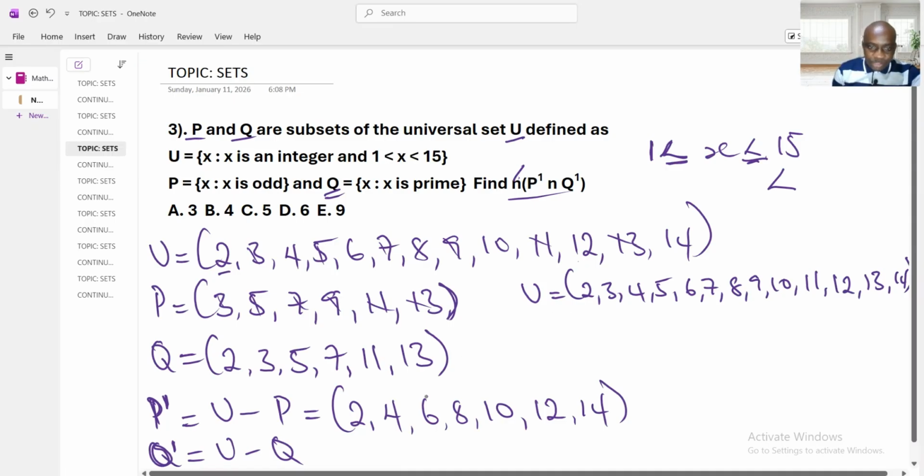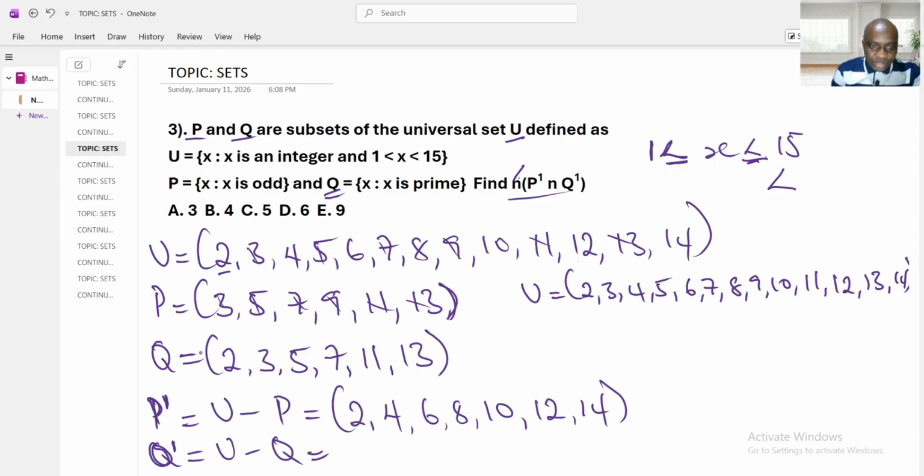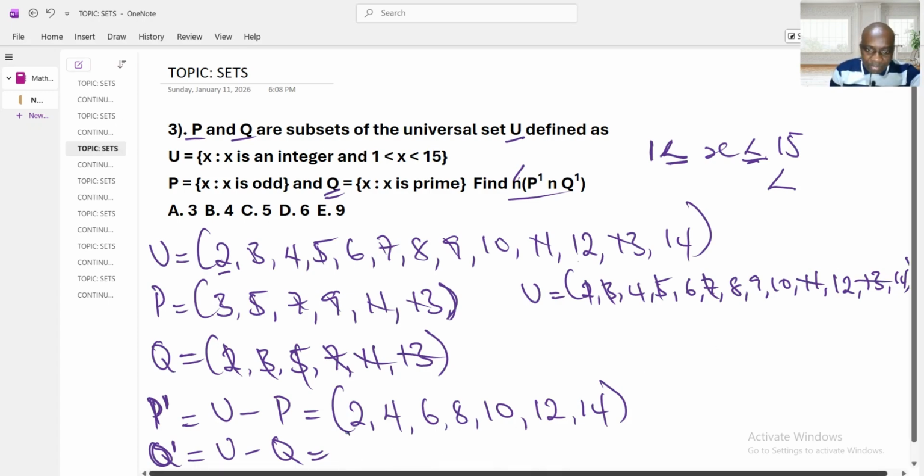That's the universal set. Now we want to minus Q: 2, cut 2 here. 3, cut 3 here. 5, cut 5 here. 7, cut 7 here. 11, cut 11 here. 13, cut 13 here.